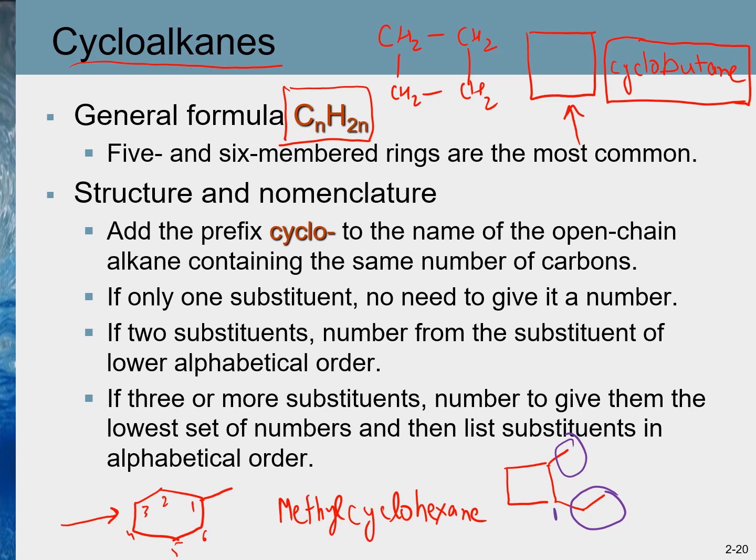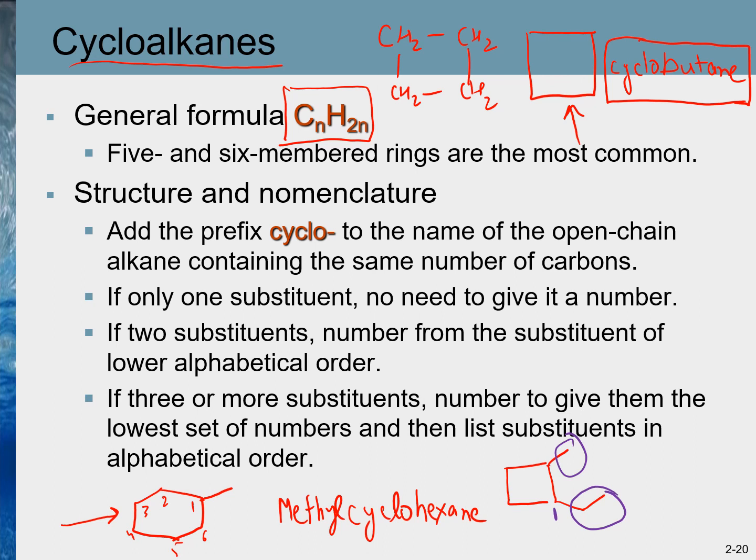Now we can go either clockwise or anti-clockwise, but remember we number in the order where the other substituent gets the next lowest number. So if we go clockwise like this, the other substituent is getting number 4, which is pretty large. So that's not the correct way of doing it.